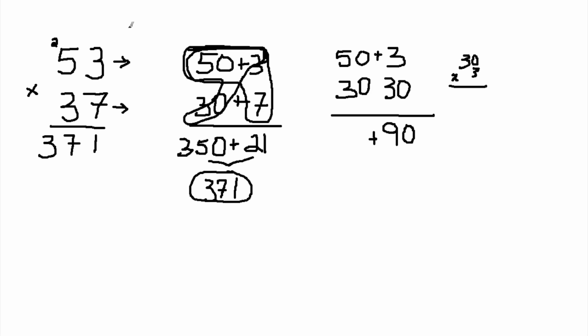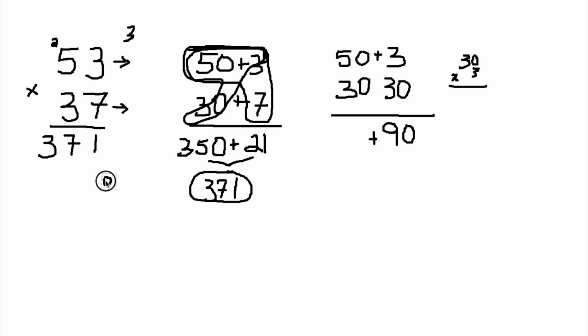Now, the shortcut way is, so we don't have to be asking what's 30 times 3, what we do with the 0 is that we automatically put it right here. Trying to understand the software too.